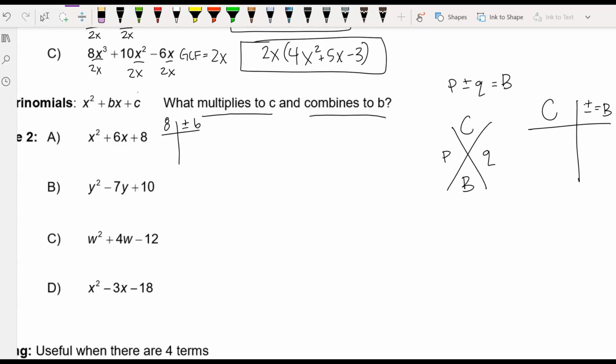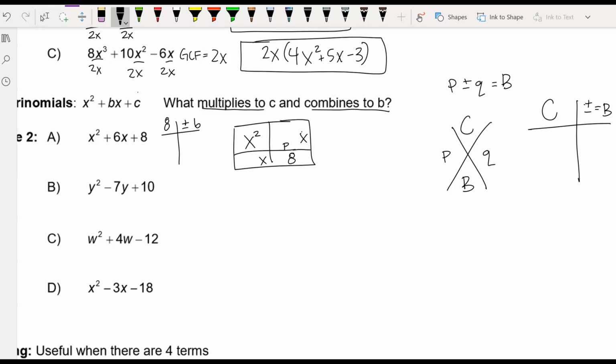All right, I'm going to move my box over here. So I know my x squared is going to go here. So always your x squared goes there, and then your C goes in that bottom box. Then we know we have x's and x's here.